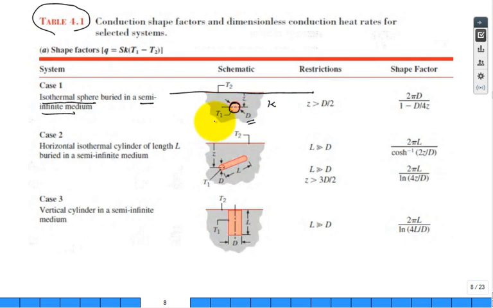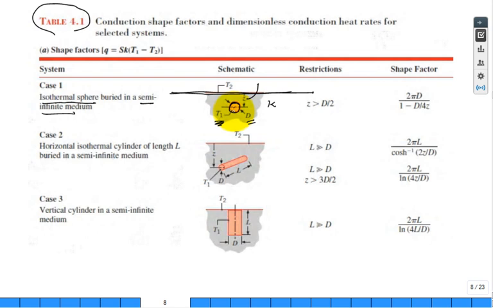The entire surface of the sphere, you can think of it as being hot with temperature T1. You have to have isothermal surfaces for this to work. It's all T1. And then T2 is the semi-infinite surface above, and the depth of burial is Z. Z doesn't go to the top of the sphere. What does it go to?